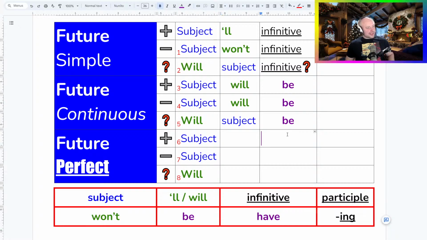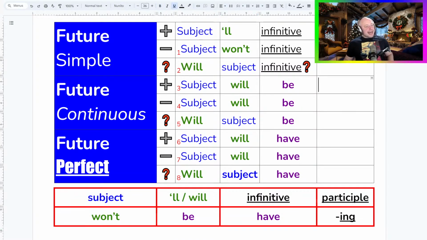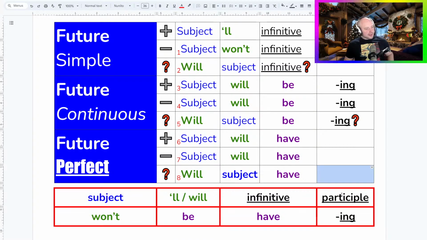And we can do something very similar here with the future perfect. Great. And then for the future continuous, we're going to end with ing. The last one with a question.